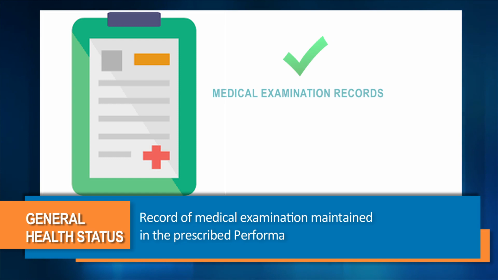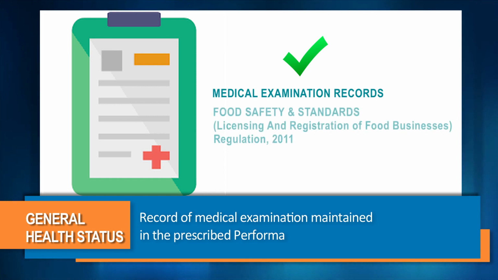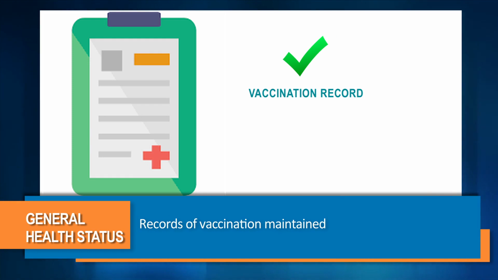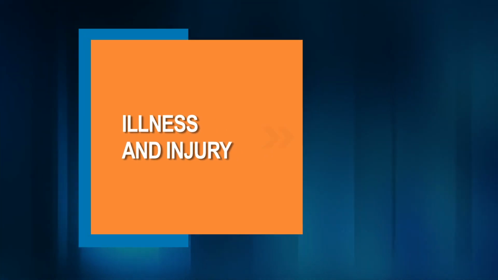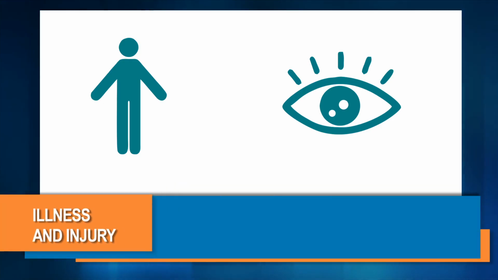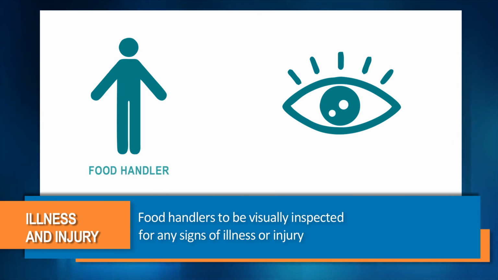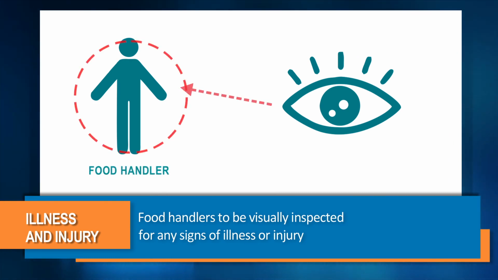Record of medical examination shall be maintained in the proforma as prescribed under Food Safety and Standards, Licensing and Registration of Food Businesses, Regulation 2011. Records of vaccination shall also be maintained. The food handlers shall be visually inspected for any signs of illness or injury.